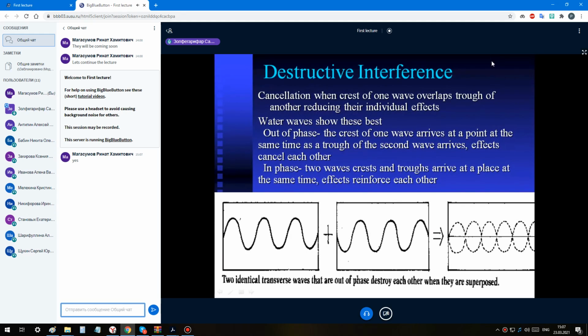For example, water waves show this best. The waves are out of phase: the crest of one wave arrives at a point at the same time as the trough of the second wave arrives, and the effects cancel each other.